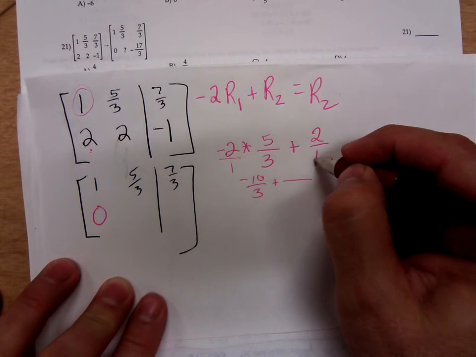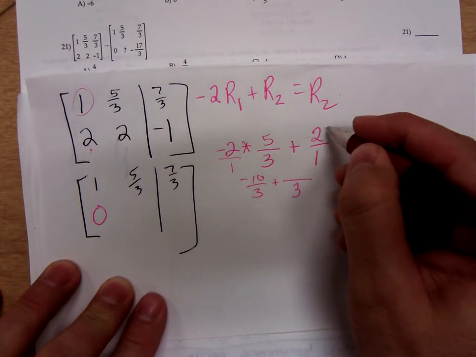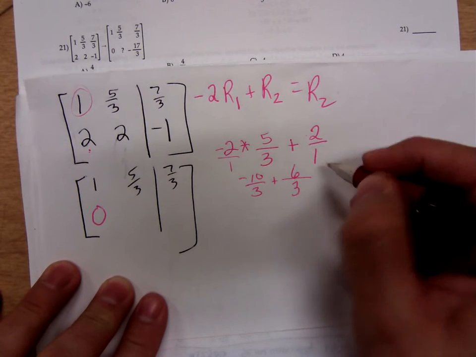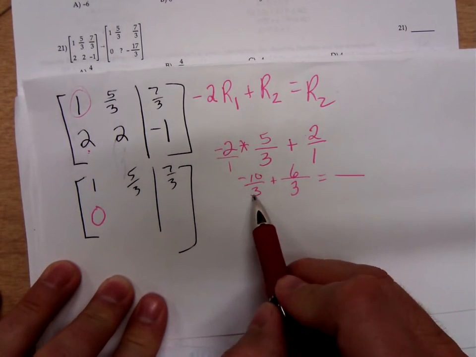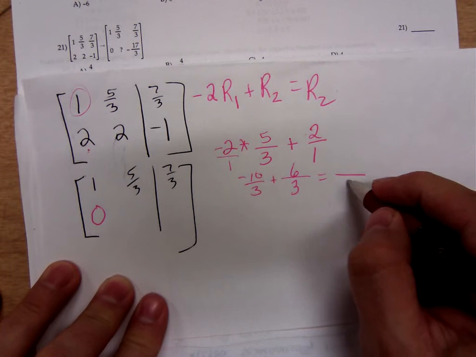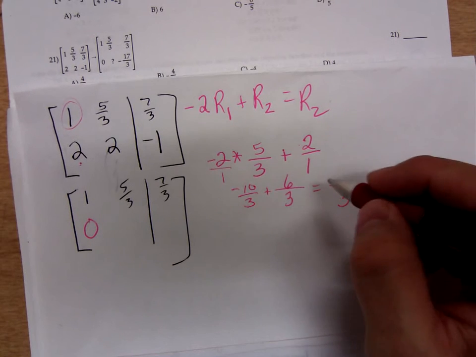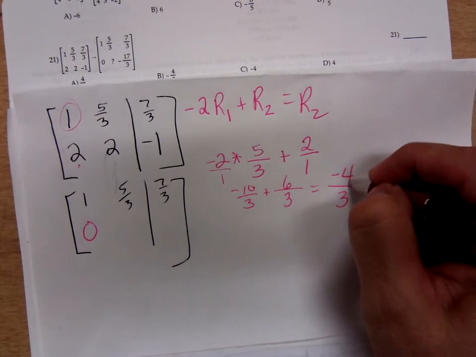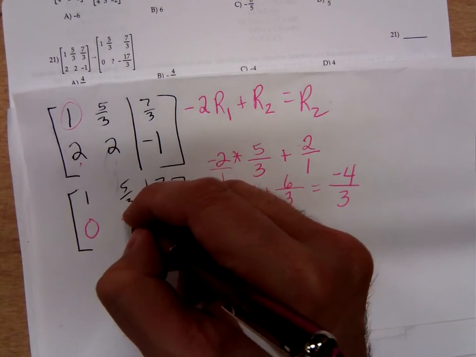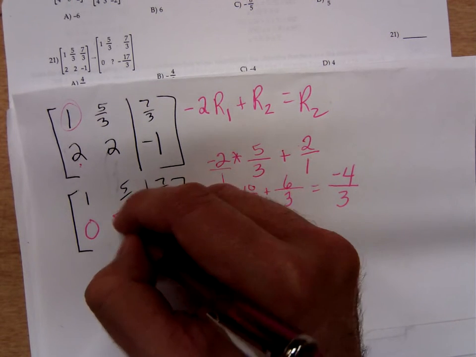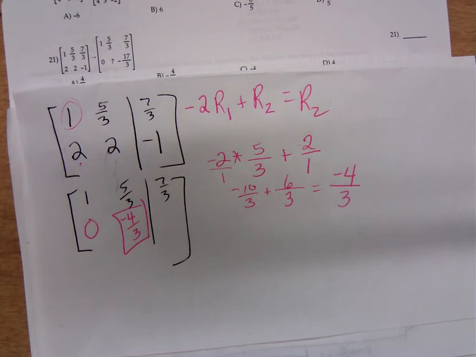Well, 1 goes into 3 three times. 2 times 3 is 6. To add two fractions that have the same denominator, you keep that denominator and you add the negative 10 plus 6. That's a negative 4. So negative 4/3 is the number there.